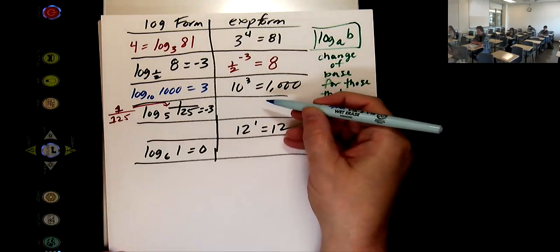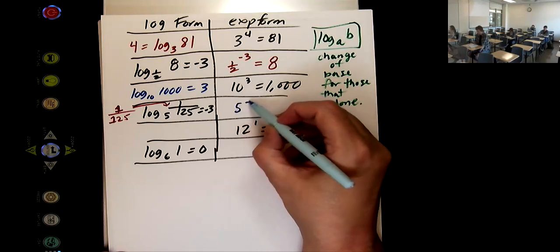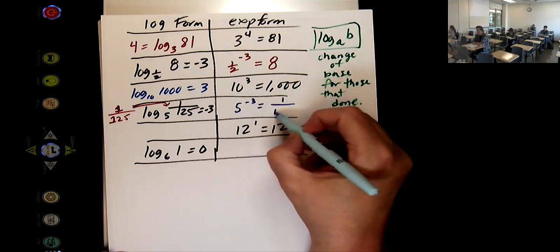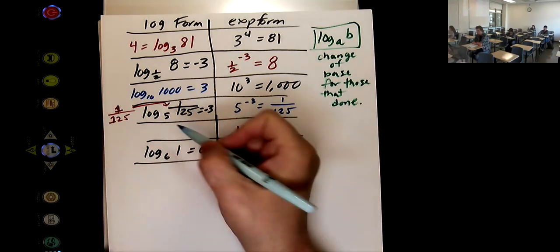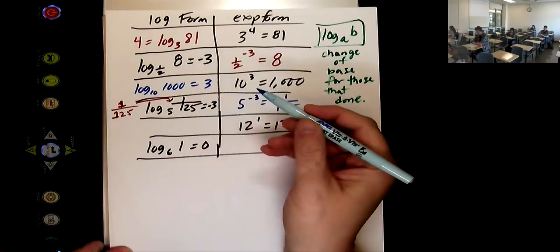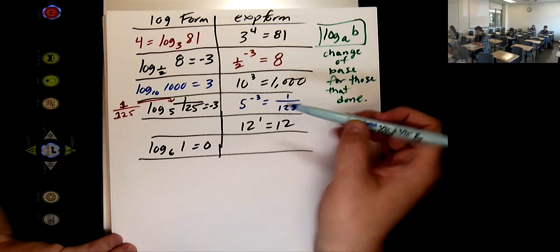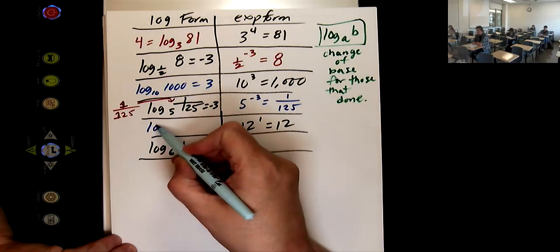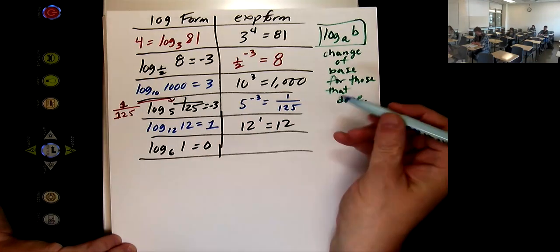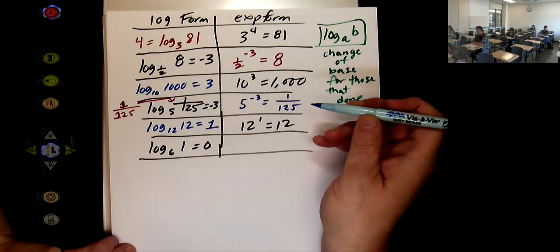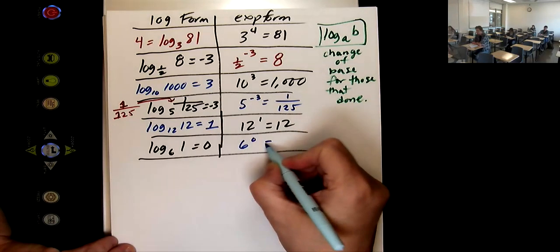With my super giant plus sign. 5 to the -3 power equals 1/125. That's correct. What about this one? Log base 12 of 12. You're the only one answering. Isn't that fun? Okay. Anyone else want to try?